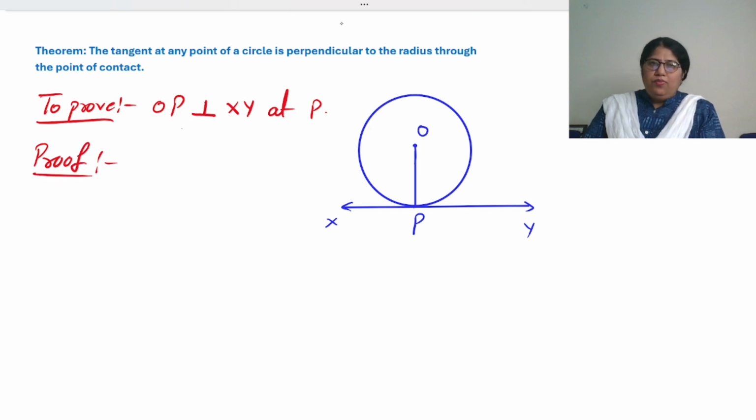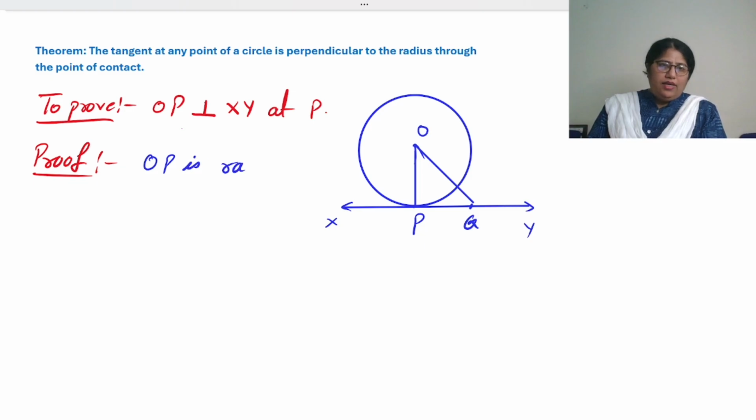Let us take another point Q, which must lie outside the circle. Why can we not take it inside the circle? Now you know that OP is the radius.